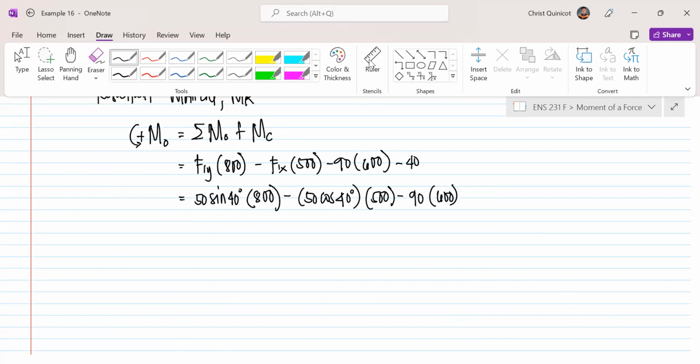Now, if you can observe, 40 is in Newton meter, but our 800, 500, and 600 are in mm. So therefore, we multiply all of these by 1 over 1000 to convert to meter. So then minus 40. This is equal to 50 sine 40 times 800.